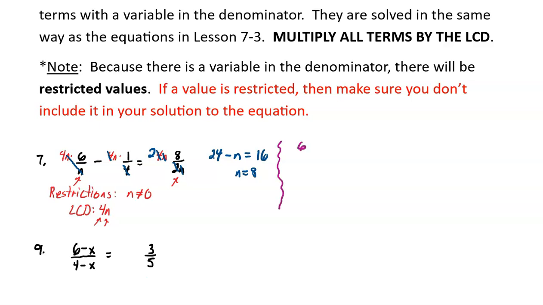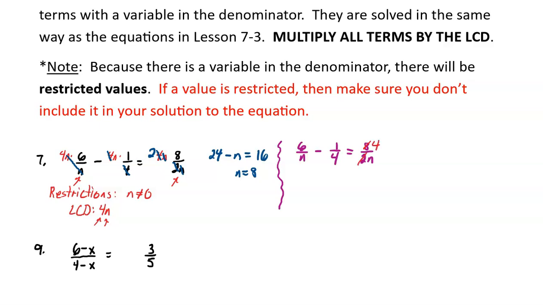The original equation was 6 over n minus 1 over 4 is equal to 8 over 2n. I observe that the last term, 8 over 2n, reduces to 4 over n.